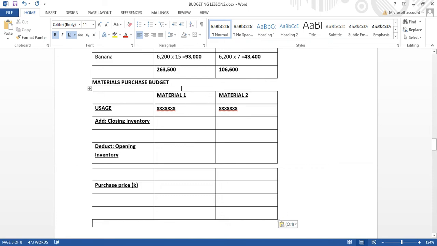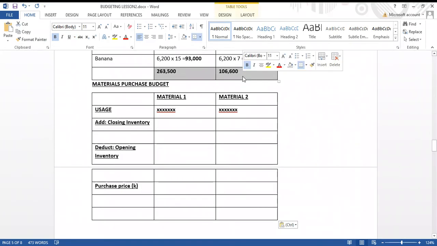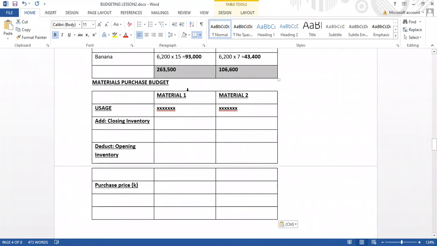All right. So for the materials purchase budget, we still need this information from our materials usage budget. So for material one, which is milk, material two is sugar.